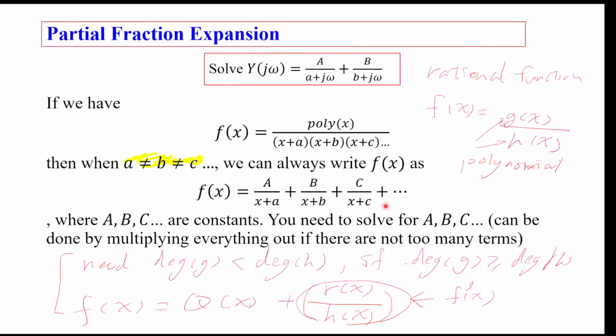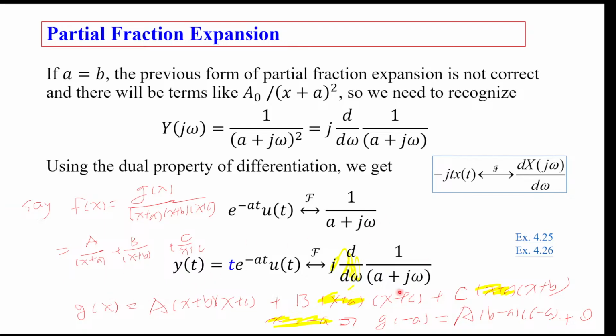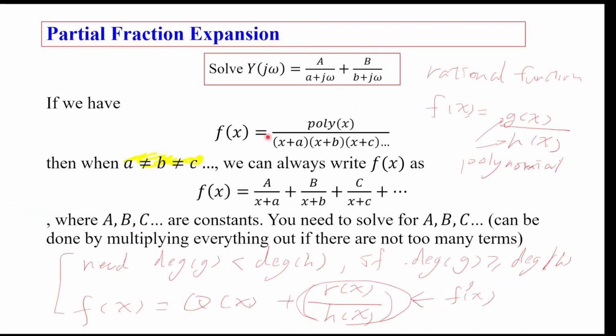Okay, that's the partial fraction expansion. I guess here we can take any questions now. But as we said, this is something very general. Maybe go back here. Really, this tells us how to do the Fourier transform of any rational function. Any rational function is g of x over h of x, and usually we want this to be stable, so let's say g of x has a degree less than h of x.